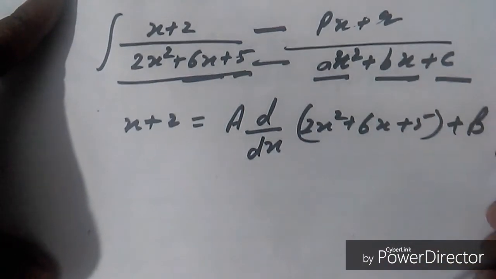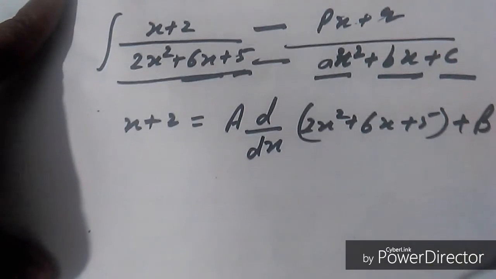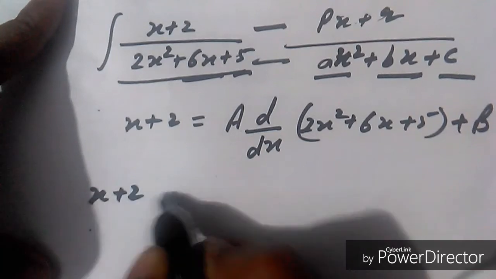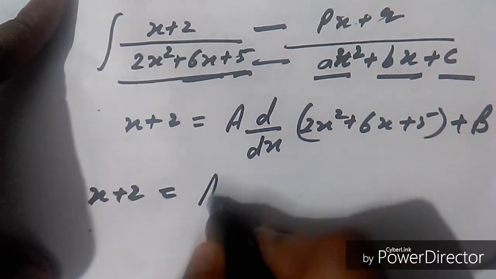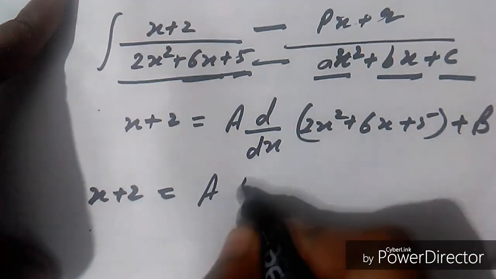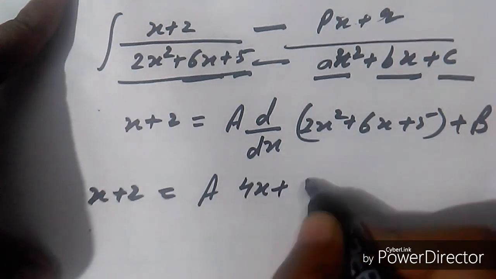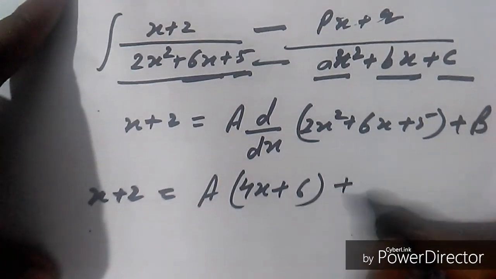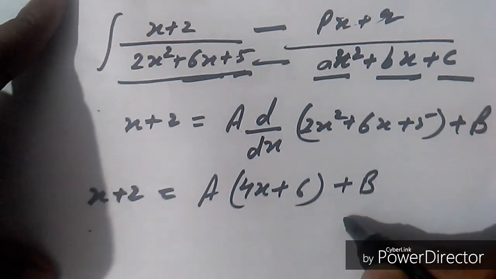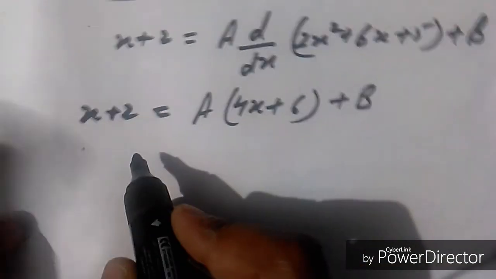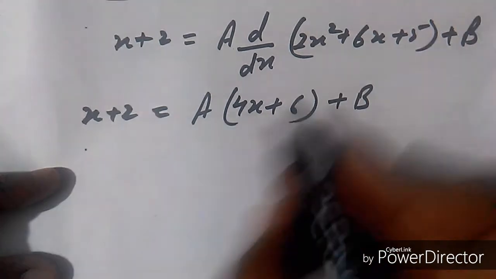plus b. So friends, now we differentiate it: x plus 2 is equal to a times the derivative of 2x square, that is 4x plus 6, and 5 is a constant, then 0, and that is plus b. Now we find the values of a and b.